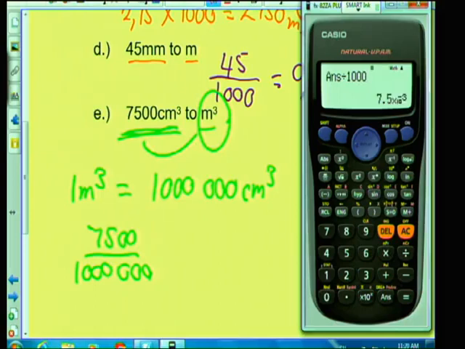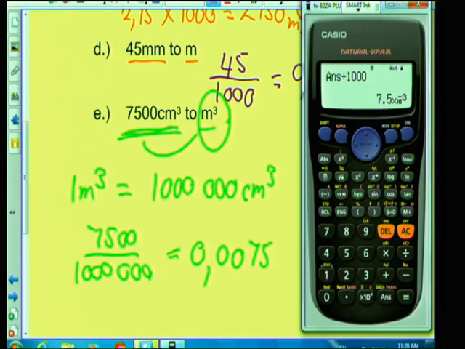And there we go. Now this has given it to me as scientific notation, which I don't really want. I'm just going to write it down in the decimal way. 0,0075. Hope you can see that.